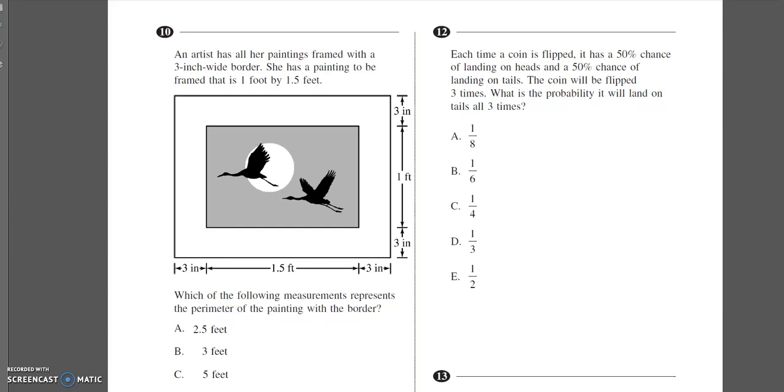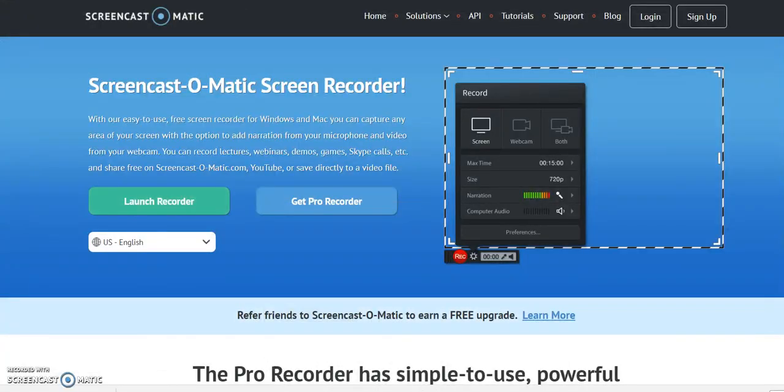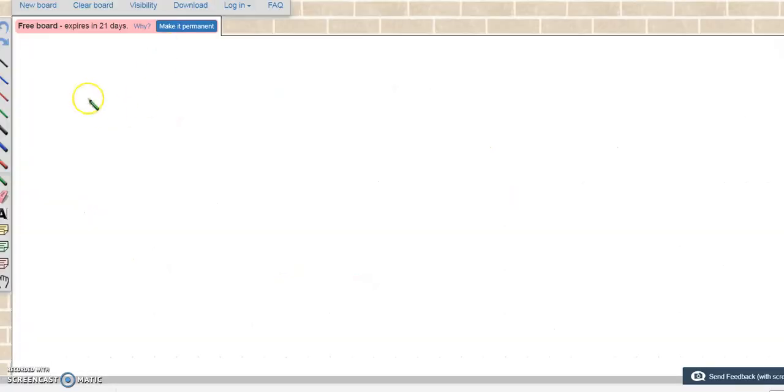So I'm going to go to the whiteboard, and what we're going to do is we are going to flip the coin 3 times. If it's got a 50% chance, that means it's 1/2. So it's got a 50% chance the first time, a 50% chance the second time, and a 50% chance the third time.